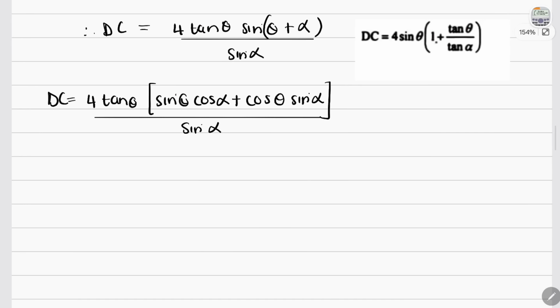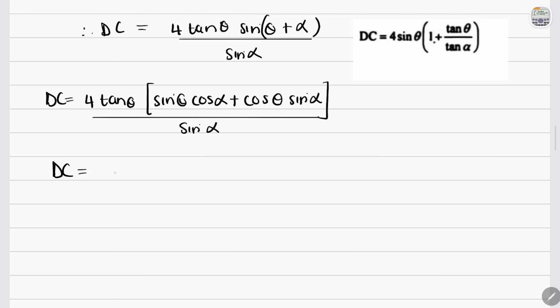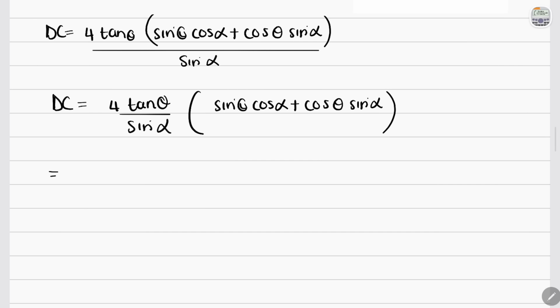So let's rewrite this. DC is equal to 4 tan theta over sine alpha, and it's multiplying these. Just change that to a round bracket as well. So DC is equal to, and we're going to FOIL. First term multiplies with this term.